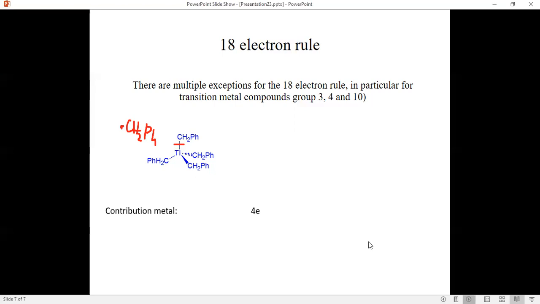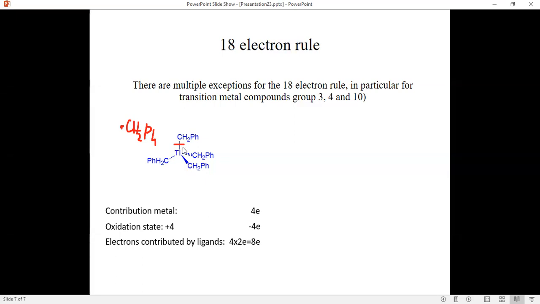Coming from the metal, these are 4. In the oxidation state method, the oxidation state, by the way, would be +4, so we would have to reduce 4 electrons, and the ligands would contribute 2 electrons each, because the oxidation state method cleaves the bond heterolytically.